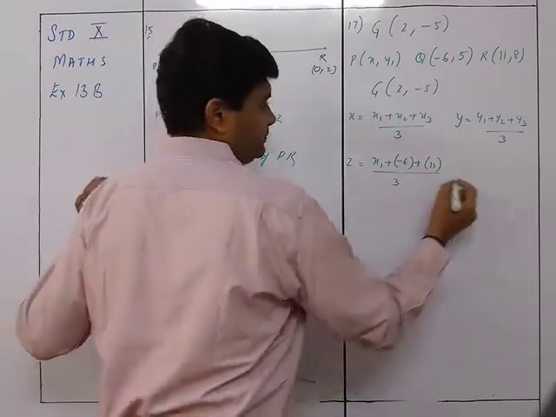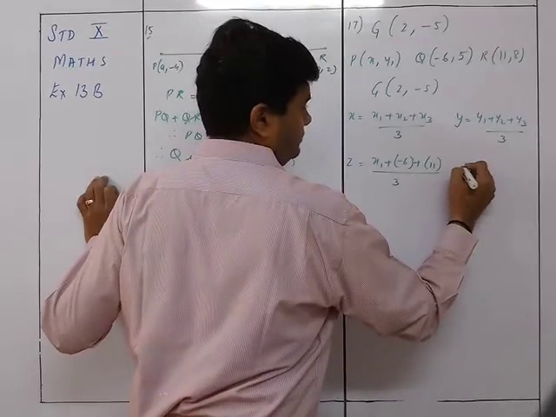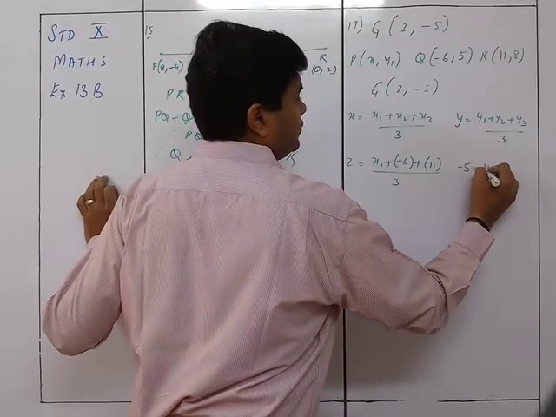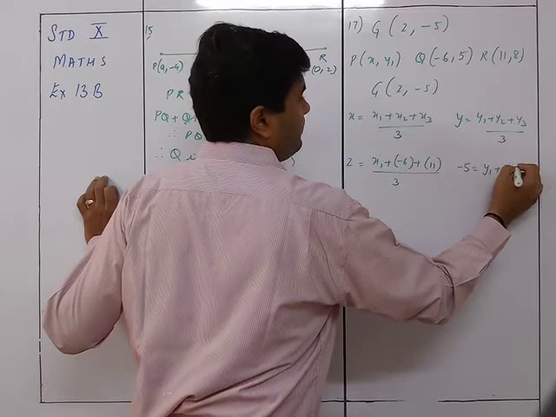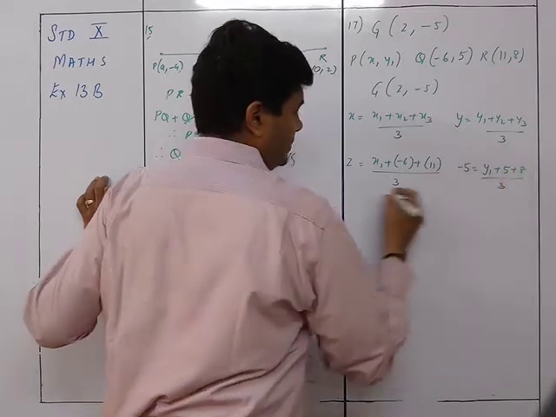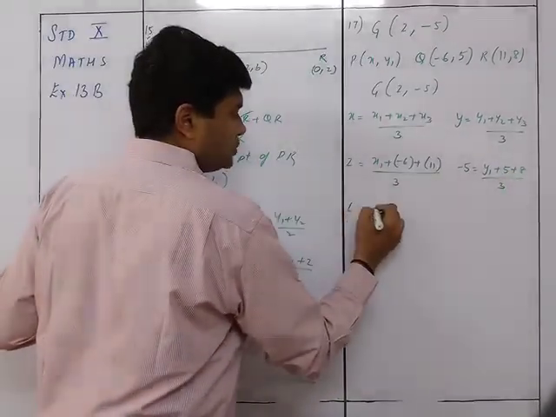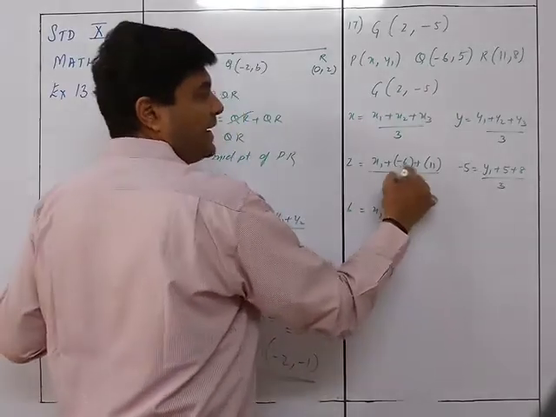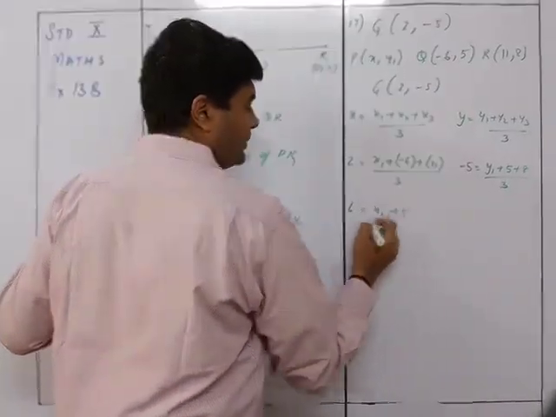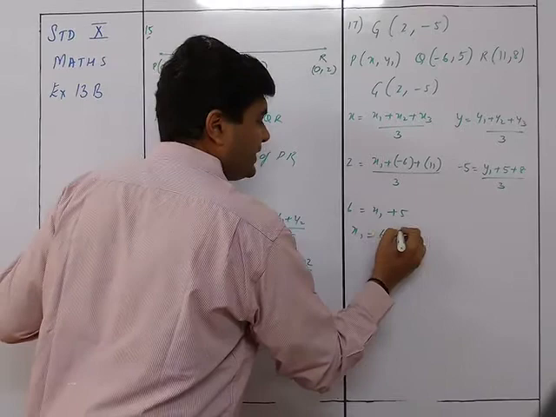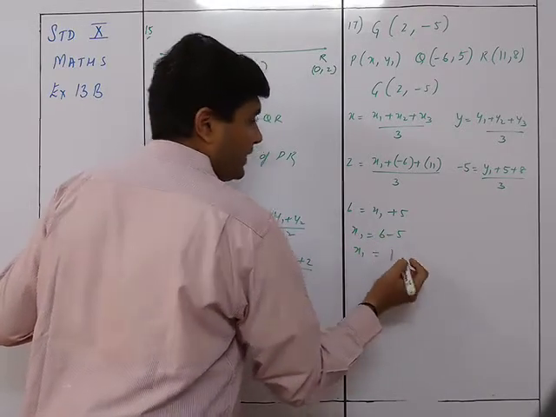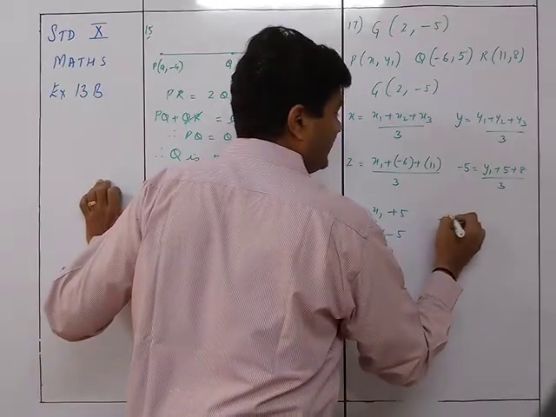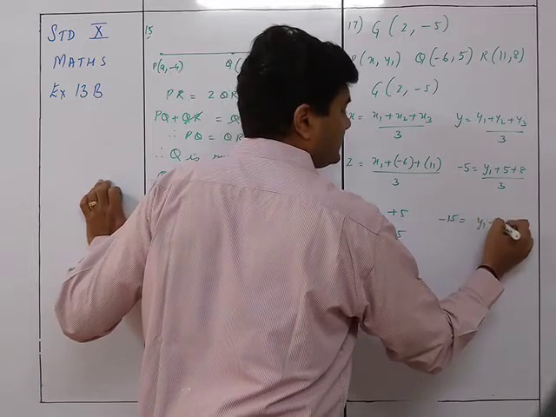And we'll write out here also, minus 5 is equal to y1 plus 5 plus 8 upon 3. So that gives me 6 is equal to x1 minus 6 plus 5. So x1 is equal to 6 minus 5, x1 is equal to 1. And this is minus 15 is equal to y1 plus 13.